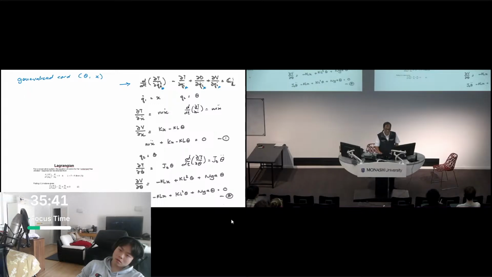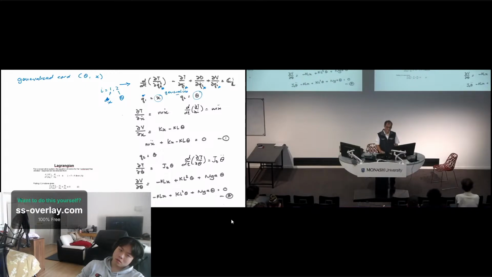In this case, i will have 1 and 2. One could be theta and the second one will be x, or 1 could be x and 2 will be theta. If I consider q1 to be equal to x and q2 to be equal to theta, these are my generalized coordinates.